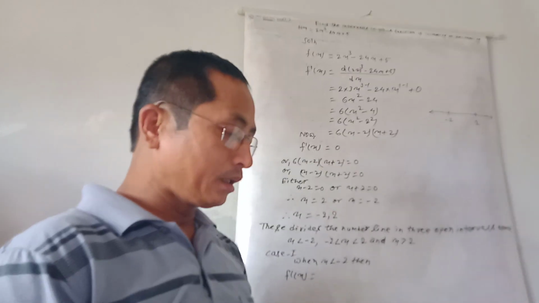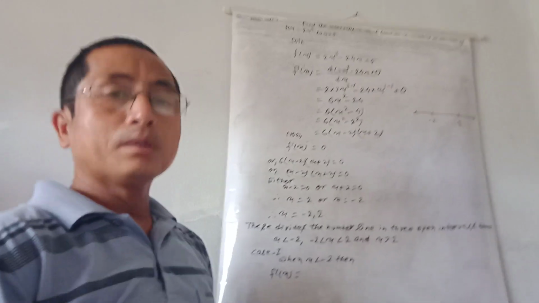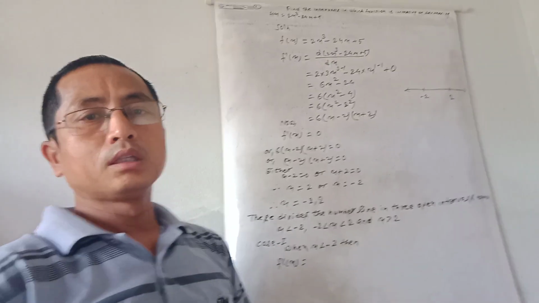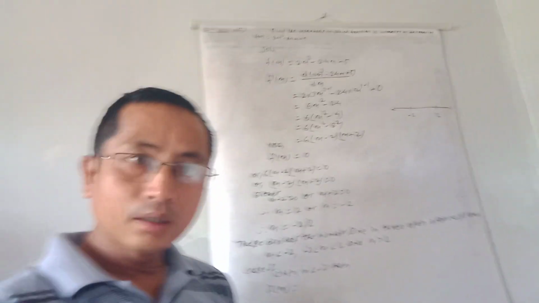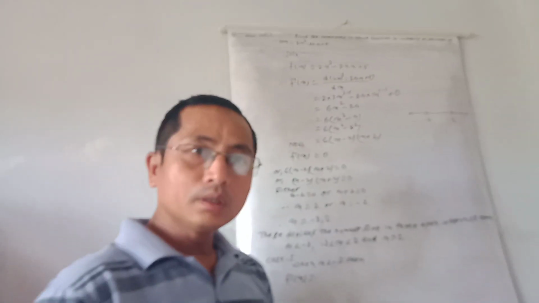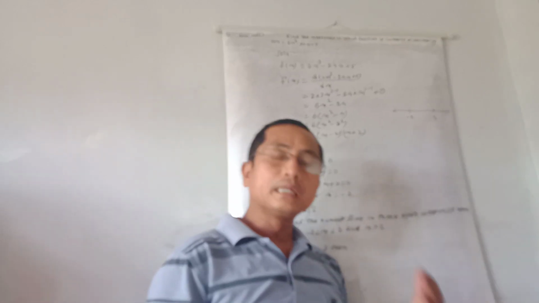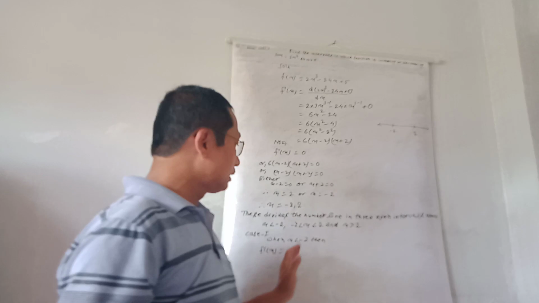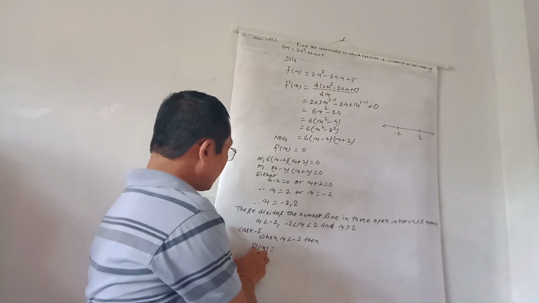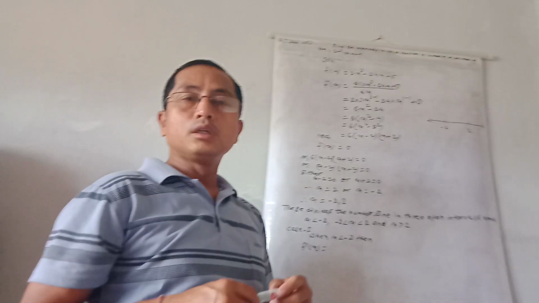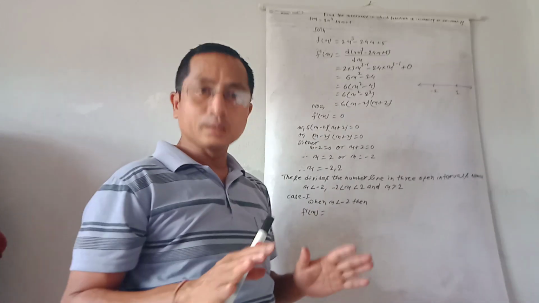You have to find: if the value of the first derivative is positive, then the function is increasing, and if the value of the first derivative is negative, then the function is decreasing. That's why, in order to find whether the function is increasing or decreasing, we have to find the sign. We can say whether the value is positive or negative.